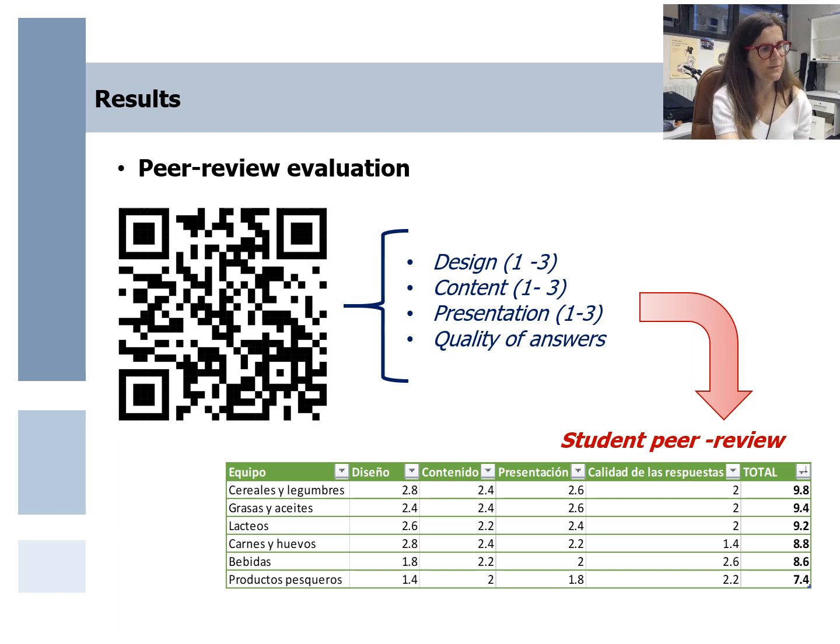And it was observed that the student peer review during the poster session was quite objective, so the anti-rubric designed for the lecturers' classification was not necessary at all.